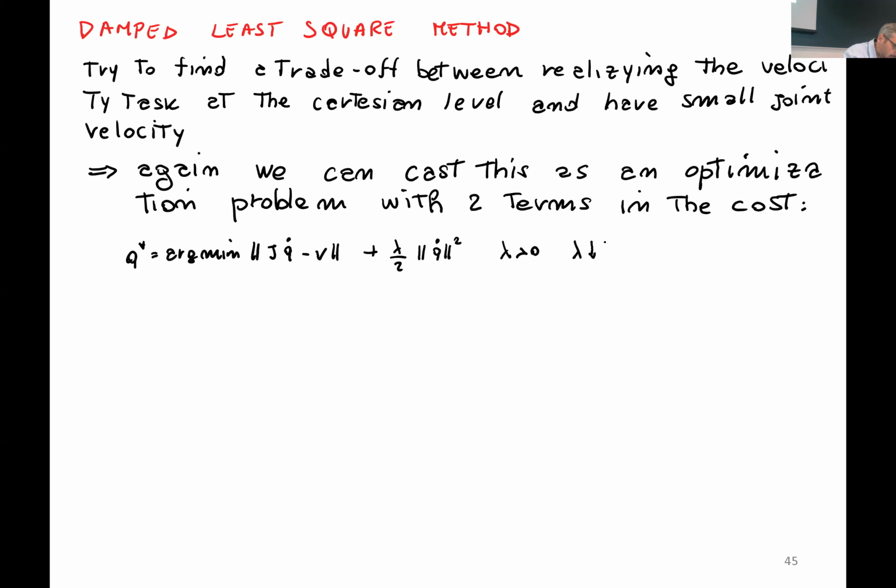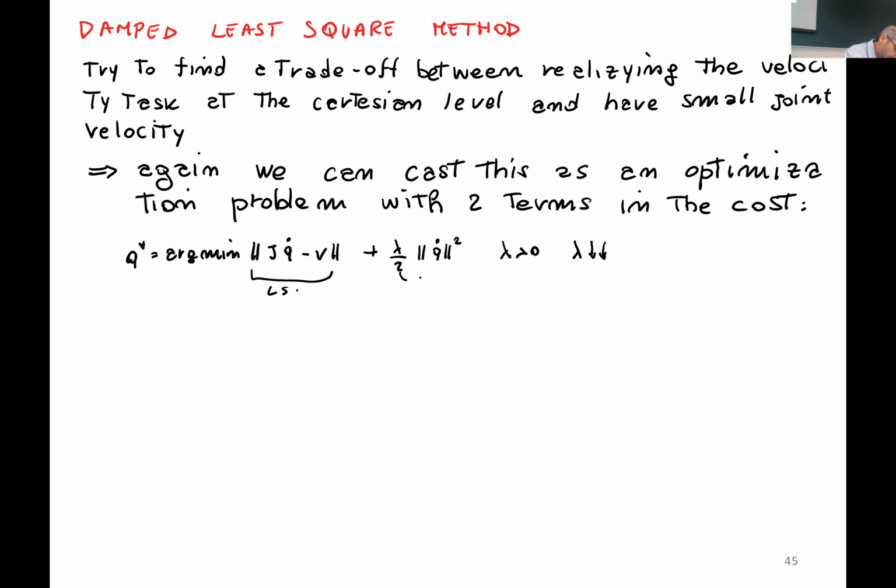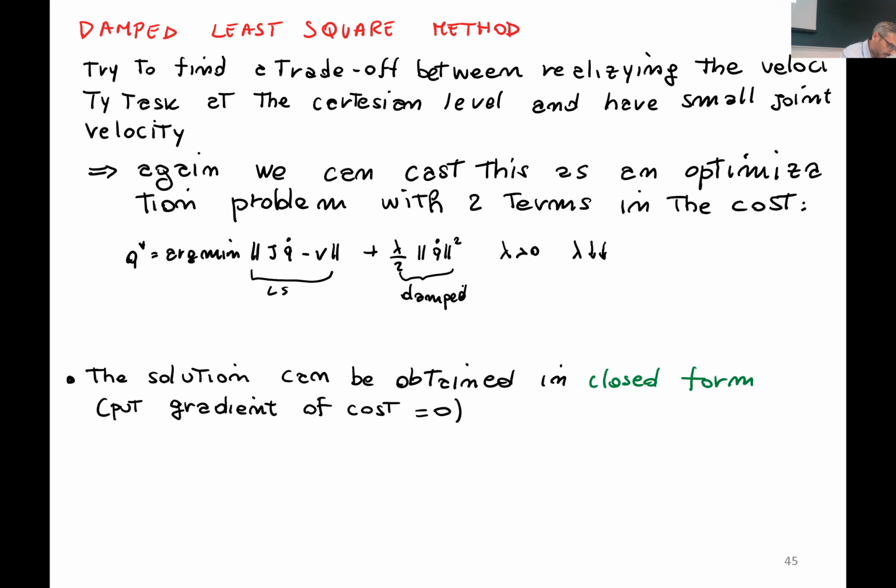Of course, this other cost term should be smaller, and we have the square cost here and the damped velocity here. And the solution can be obtained in closed form if you set the gradient of this problem to zero, as follows.